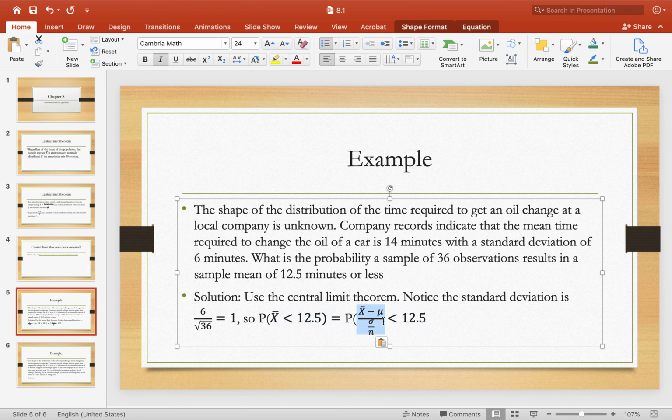And now I want to compute the probability for this right-hand side. It asks about 12.5 minutes or less. And I know that from company records, the mean is 14 minutes, the population mean. So I'll subtract the 14.